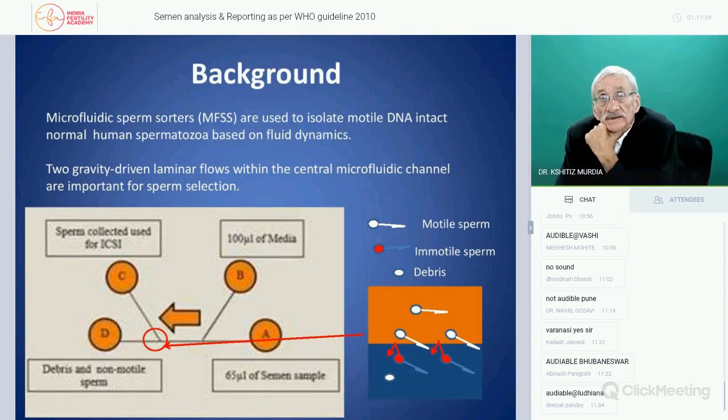The immotile ones, or the poor motility ones, haven't got the energy to go through this laminar flow system. So it bounces back. What ends up in this little well here that we can see is your motile, normal DNA intact sperm.